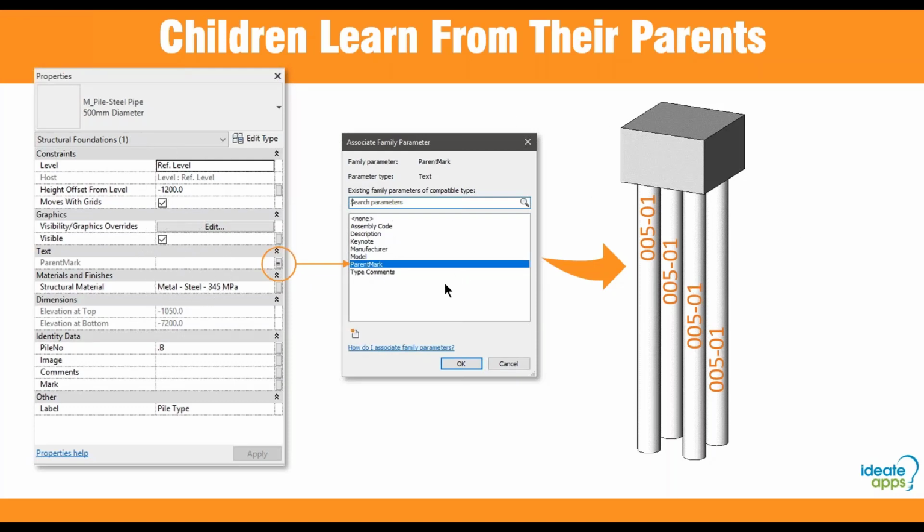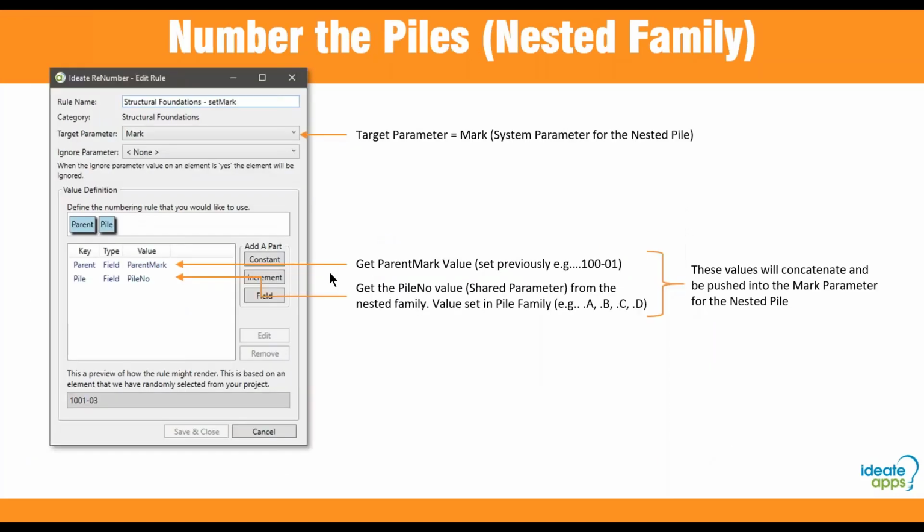We're just associating these parameters. Then after we do that, we're going to set the mark for the pile itself. So we're going to ultimately target the mark parameter. Again, this is a text-based parameter, as Richard was alluding to earlier. It happens to be a system parameter, and this one's tied to the nested pile family.